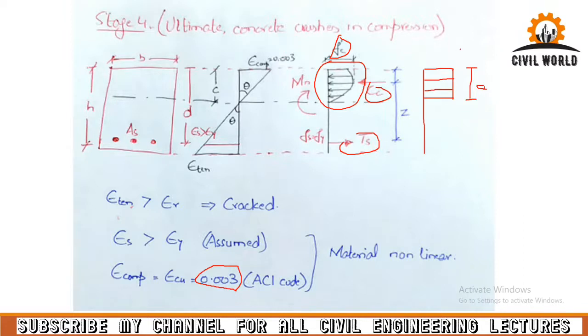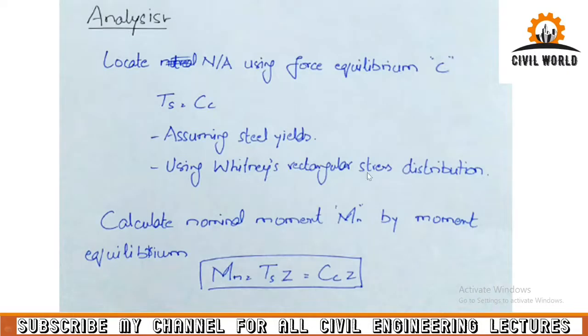This is easier to use because it is a simple rectangular distribution. Calculating the resultant and solving the parabolic distribution is a lot more complicated compared to this rectangular distribution. So I will be using Whitney's rectangular stress distribution to locate our neutral axis.